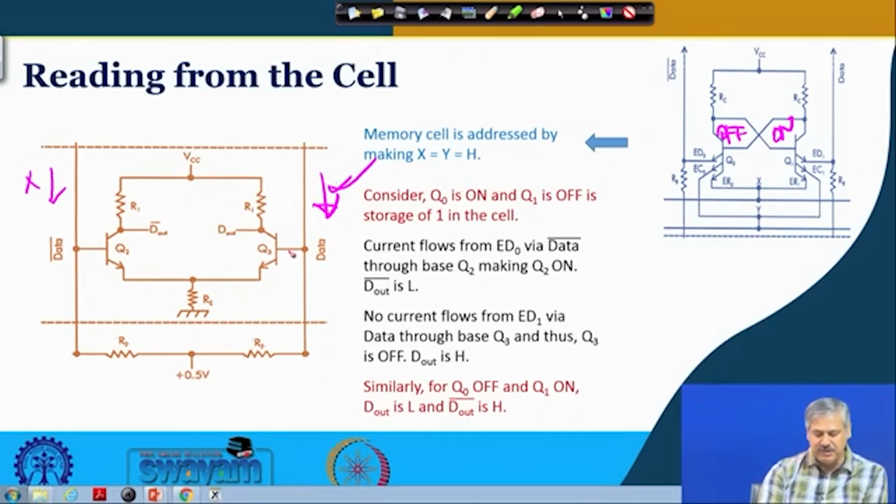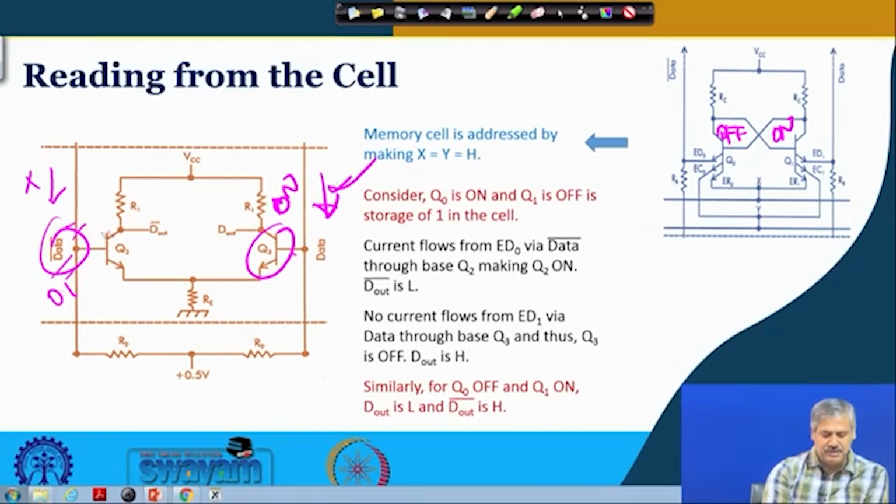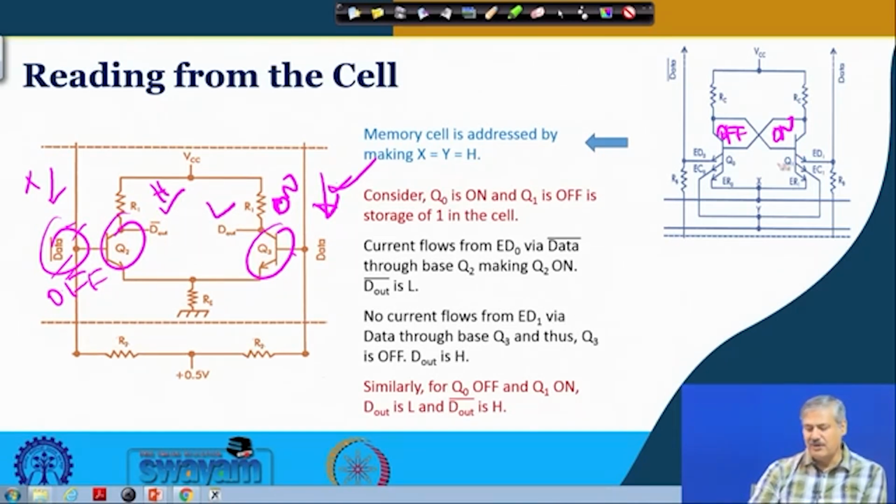So, this will be on and this will be off, right. So, this one will be high and this one will be low, right. So, Q1 on is, then data out is low, and Q naught on is data out is high. Okay. So, this is the way we can visualize that storage of information and the reading that is taking place.